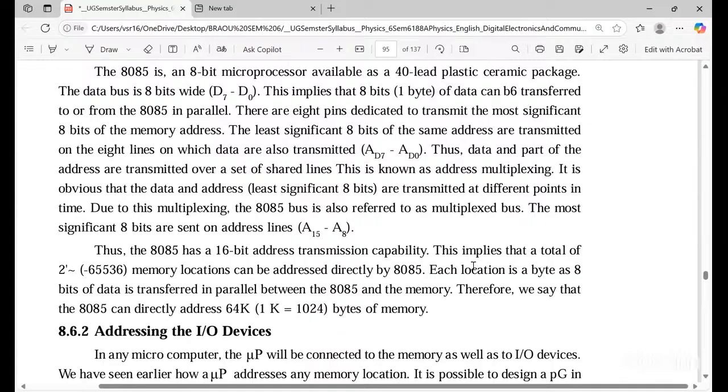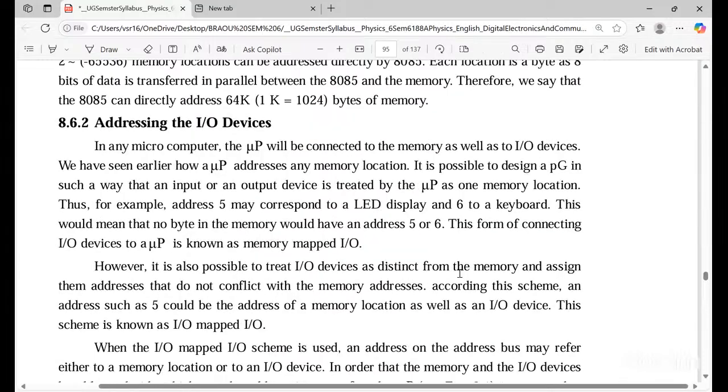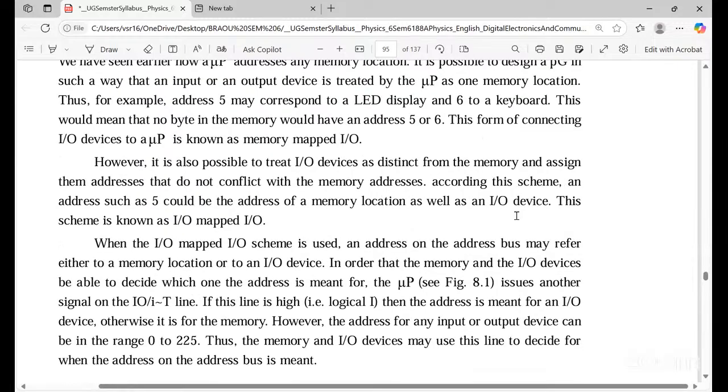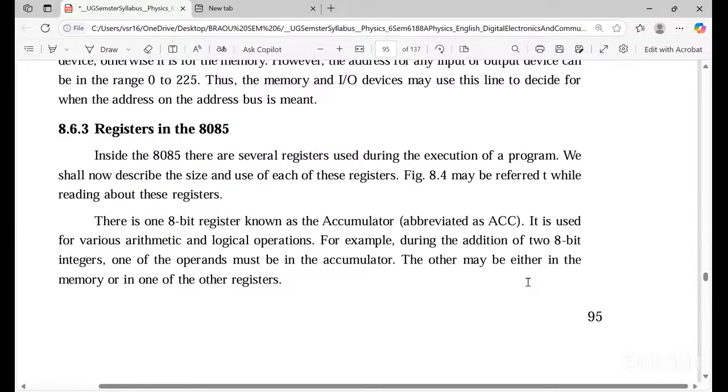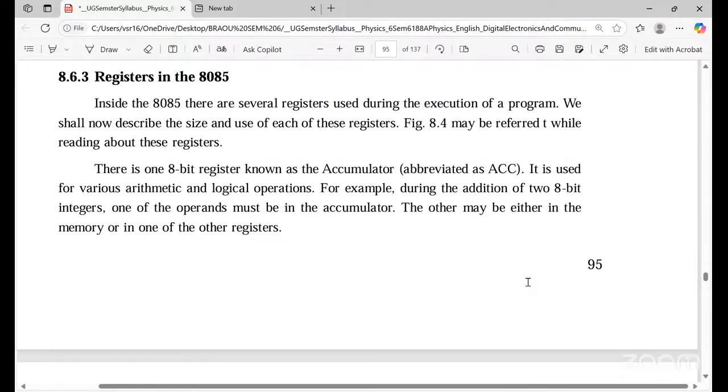So here, addressing IO devices, memory mapped IO device. Registers in 8085. There are several registers in 8085 used during the execution of a program, and we can describe the size and use of these registers.